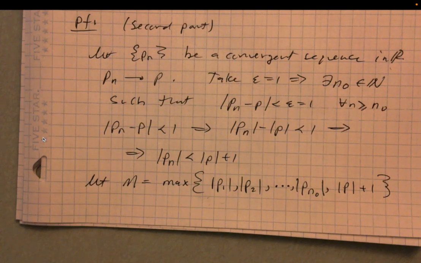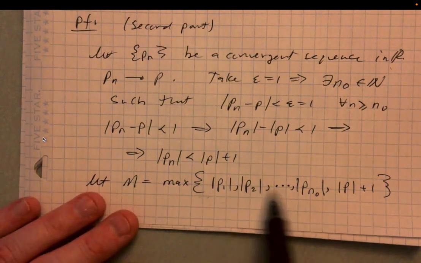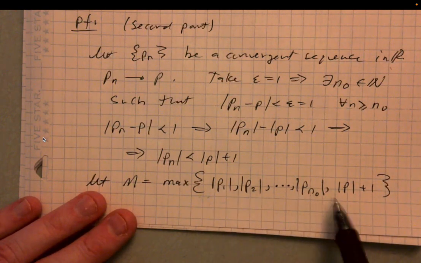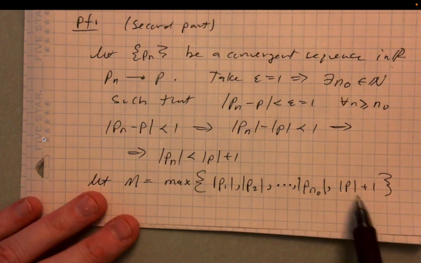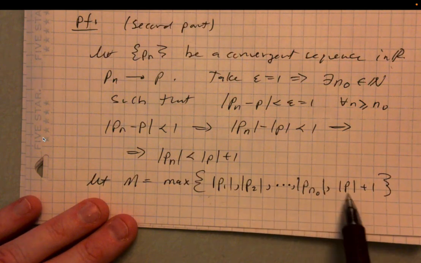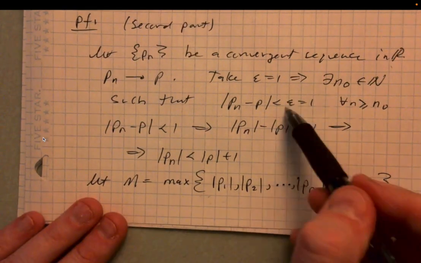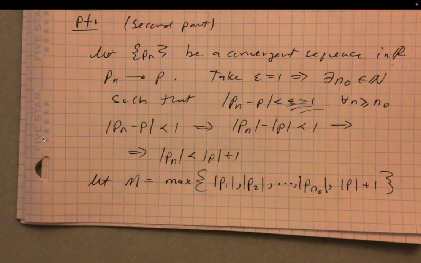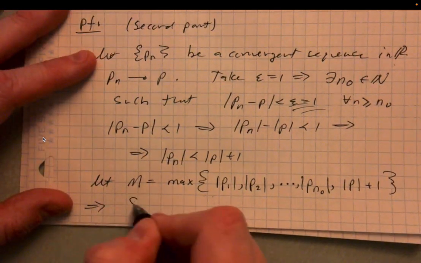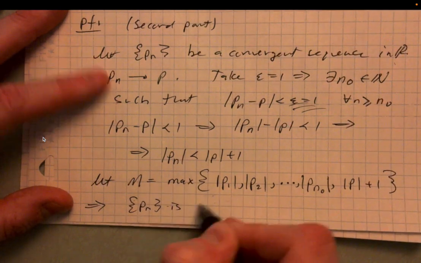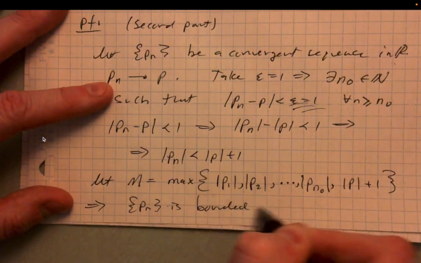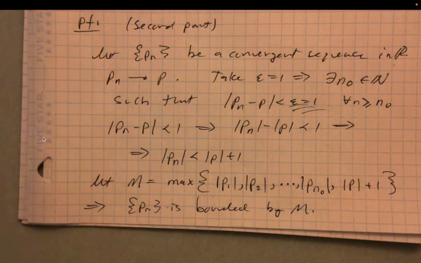Nothing could possibly be larger than this. We've listed all the terms up front, and these things always have to head towards P. So beyond n naught, we're within an epsilon, within 1 of P. We know that for sure, by this piece here. And so p sub n is bounded by m. And the fact that it converges means that it's bounded. Okay?